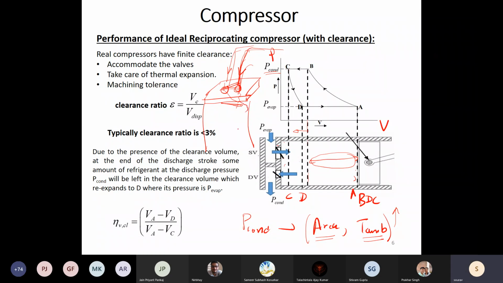And when the pressure inside goes higher, the gas will tend to close this flap. So the flap will close.